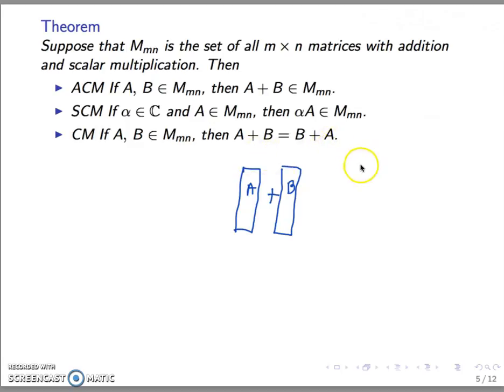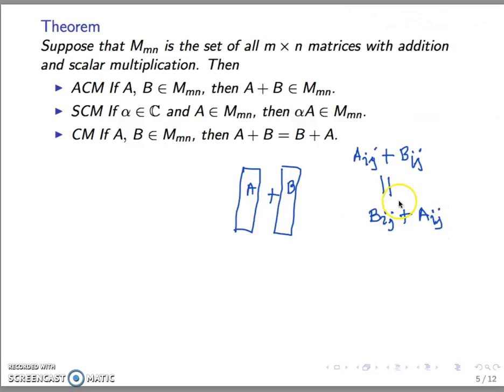And at the level of complex numbers, if you had A sub ij and you're adding that to B sub ij, because each of these is a complex number, due to commutativity of addition of complex numbers, that sum is the same as if you add B sub ij first to A sub ij.